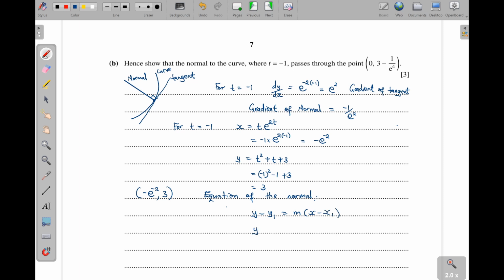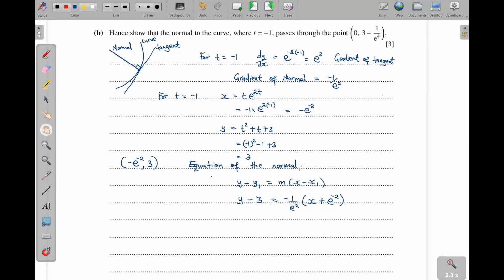So this will be y minus 3, and the m, we got it here, negative 1 over e squared, then into x minus x1, and x1 is this one here. If it's minus minus, that will be a plus e to the power of negative 2.